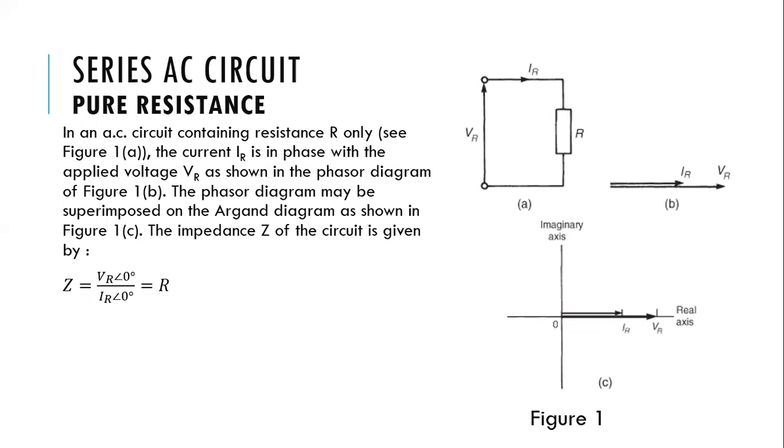The phasor diagram may be superimposed on the Argand diagram as shown in figure 1C. The impedance Z of the circuit is given as VR at an angle of 0 divided by IR at an angle of 0, which is the same thing as resistance.